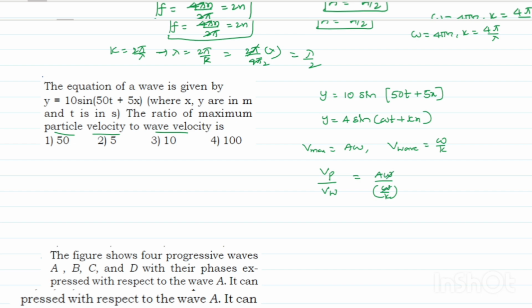Omega gets cancelled, and you get A into k. The amplitude is 10, and instead of k we have 5. So 10 into 5 is 50. So this is the ratio value.